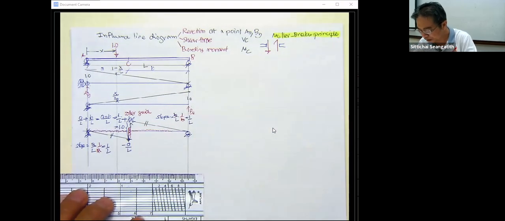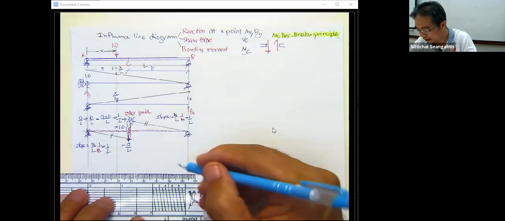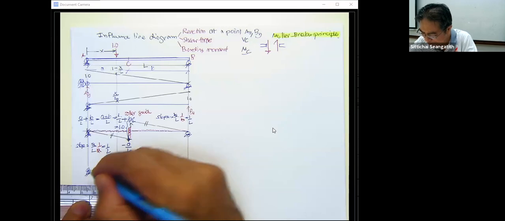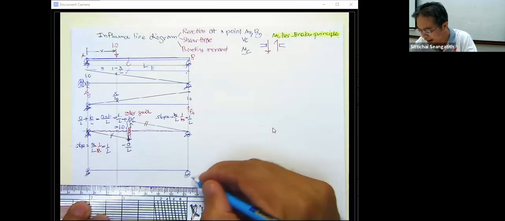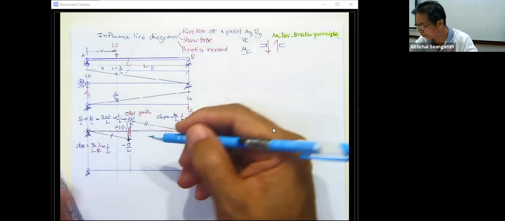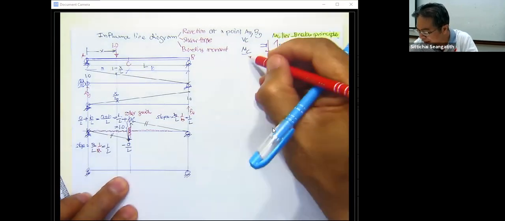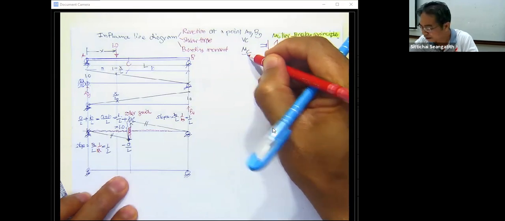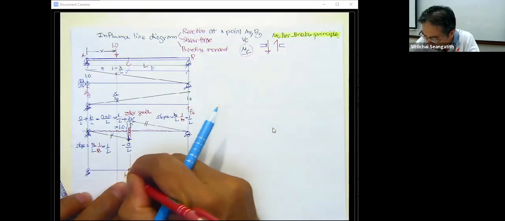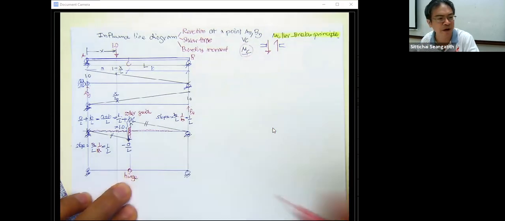Then we come to the moment at C. The principle is still the same: just keep the pin and roller at A and B, and at point C you must release the moment, release the resistance to the moment. To release the resistance to the moment, we just put a hinge into it.